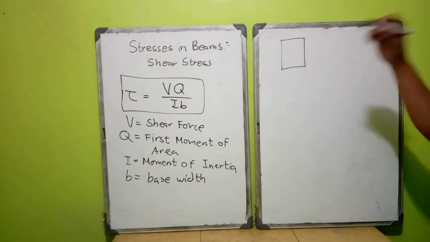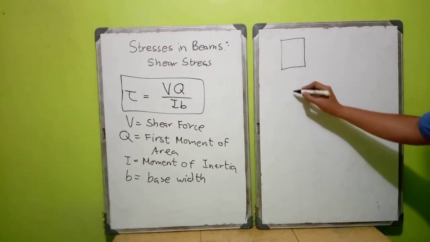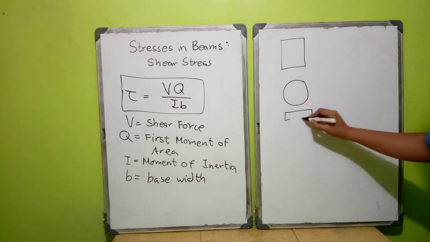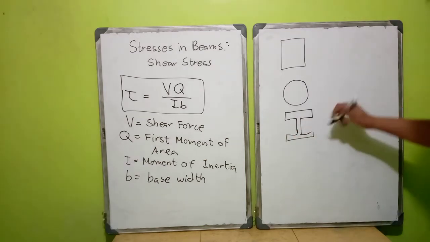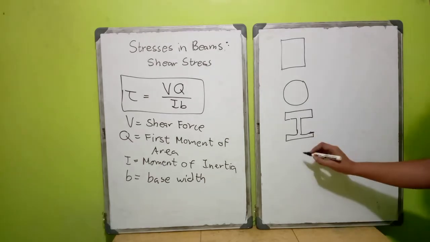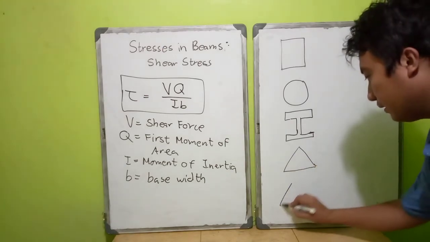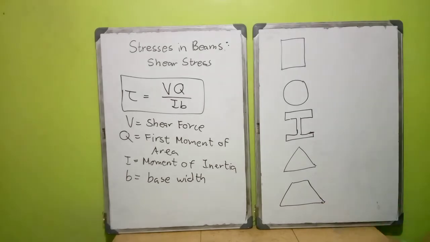Let's start with a rectangle, circular, let us say an I-beam, or an I-section, a triangle, and a trapezoid.